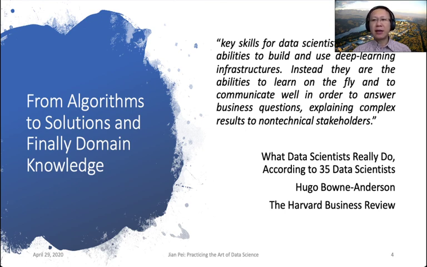Instead, they are the abilities to learn on the fly and to communicate well in order to answer business questions, explaining complex results to non-technical stakeholders. Here, we can see that in data science, the focus is really on the communication between data science and human users.